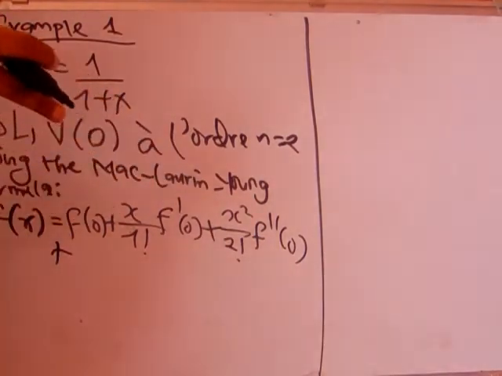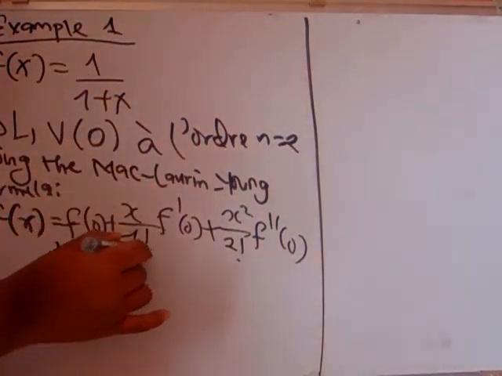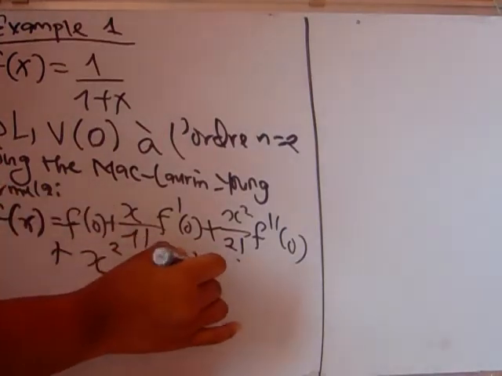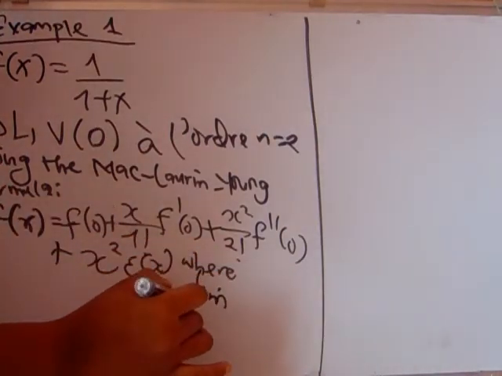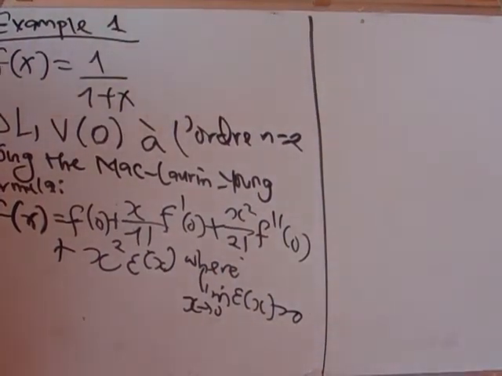Since we're stopping at order 2, we'll just be left with this. There, of course, the limit when x tends to 0 of epsilon of x is equal to 0.